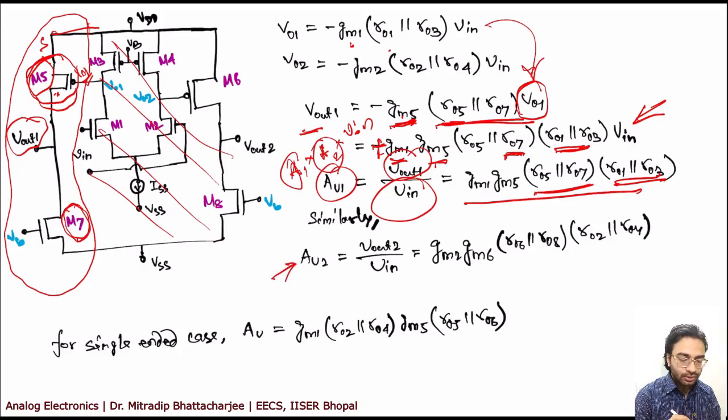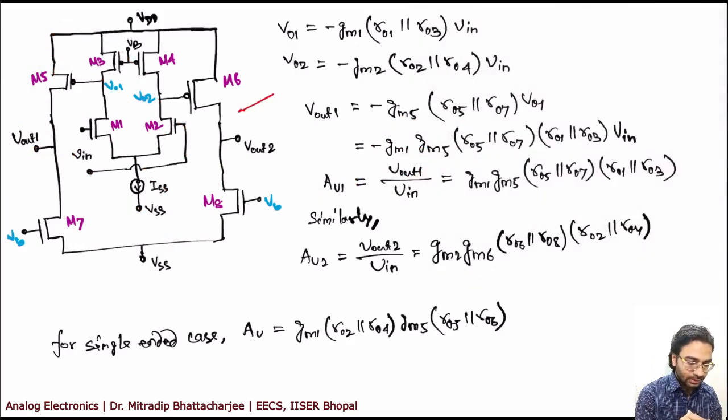Similarly, for AV2 also we will get a similar expression. In this case, if you see for AV2, that means this side, you will get Vout and your driver transistor is M6, so you will get GM6 associated with this. This is GM6. Then on this side you have driver transistor M2, so you will get GM2.